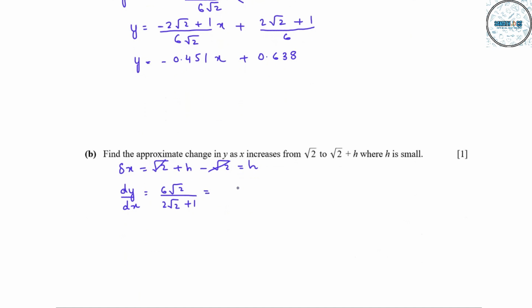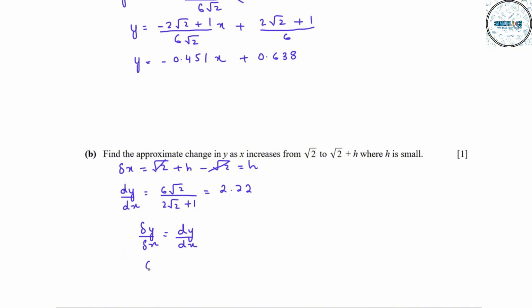Which is equal to 2.22. So now we can use the formula for approximate change, which is delta y upon delta x is equal to dy upon dx.